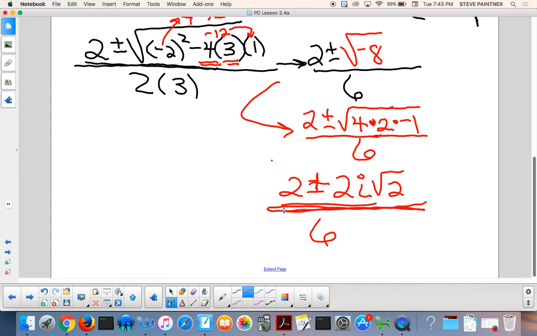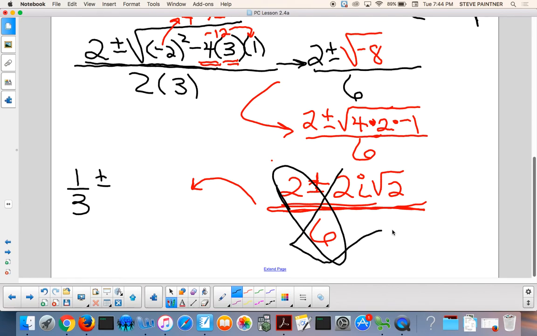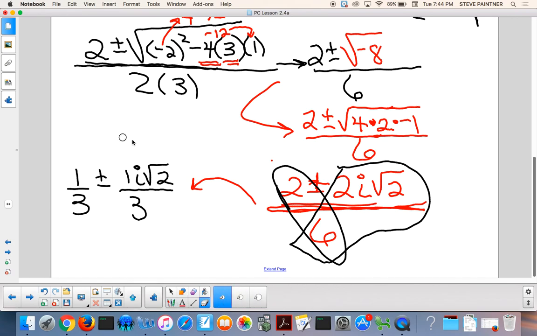Okay, we're almost done, guys, almost. You actually have 2 parts. You have a real part, 2/6, which you know breaks down to 1/3, plus or minus, and now you have the imaginary part, 2/6 i, which is really 1/3 i times the square root of 2.